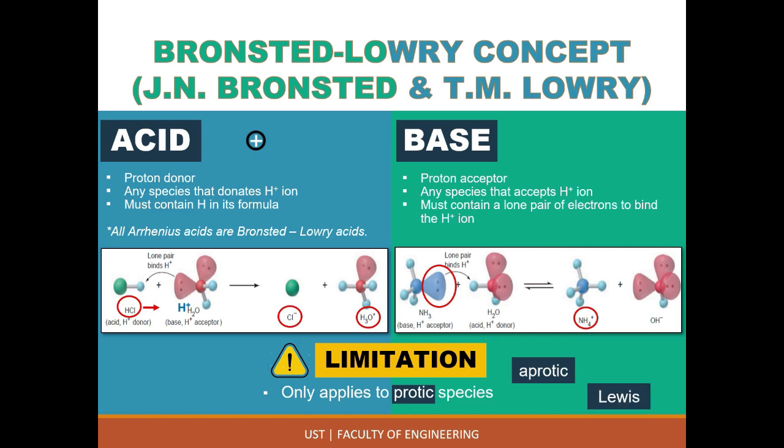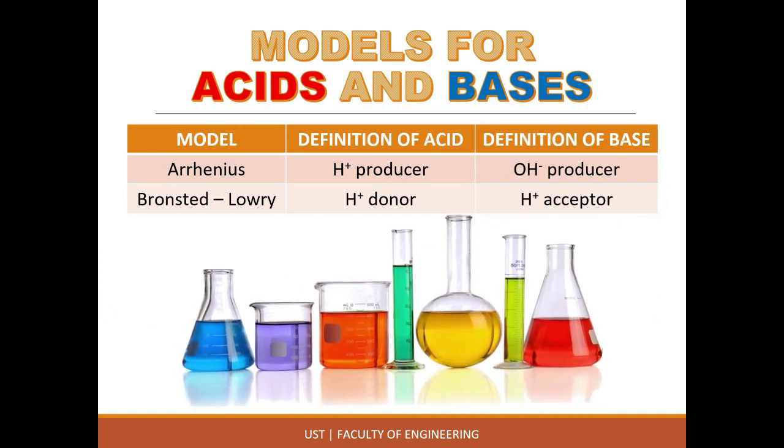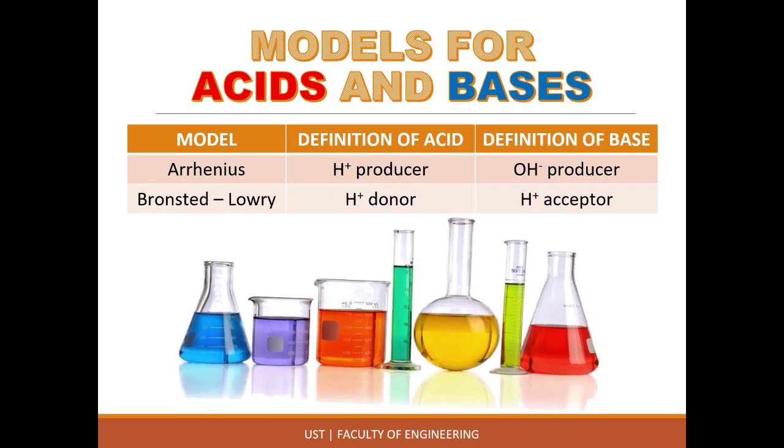This is what the Lewis definition entails. However, that definition is not covered in this module. As a summary of the models presented, Arrhenius and Brønsted-Lowry define acids as H+ producer and H+ donor respectively, while Arrhenius and Brønsted-Lowry define bases as OH- producer and H+ acceptor respectively.